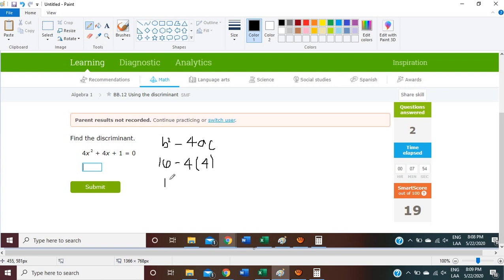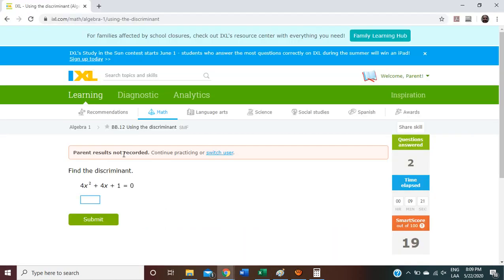So 16, negative times positive equals negative, 4 times 4 equals 16. 16 minus 16 equals 0. So the answer here is 0, which means this equation has only one solution. Submit.